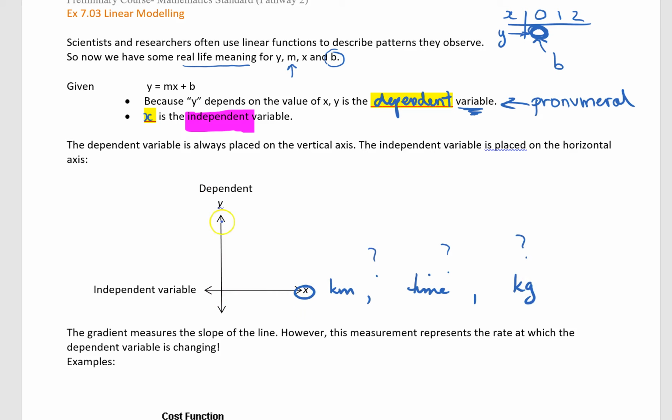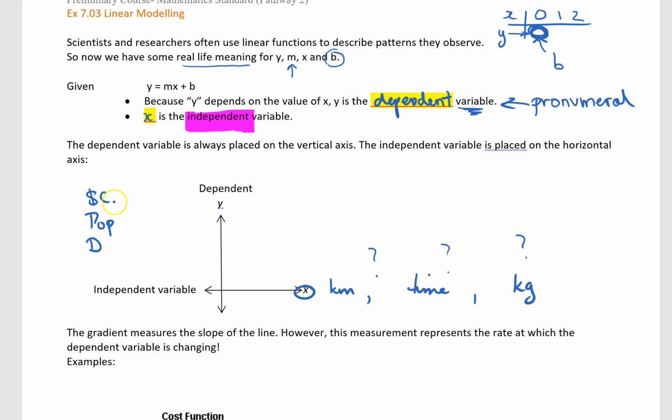Different things that you'll see represented on the vertical or the y-axis are cost in dollars. It could be the population. It could be the distance travelled in time.